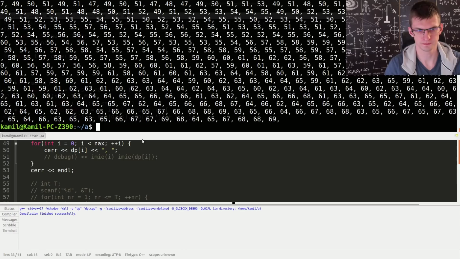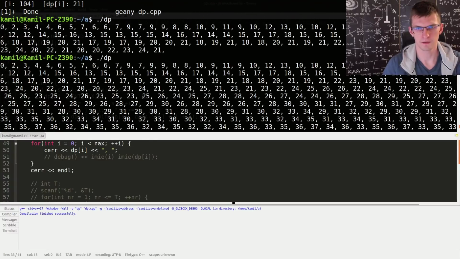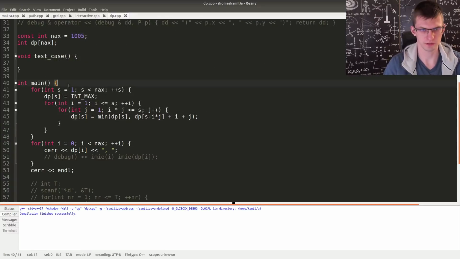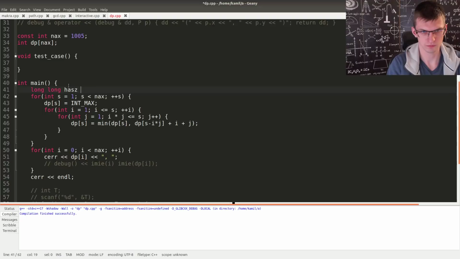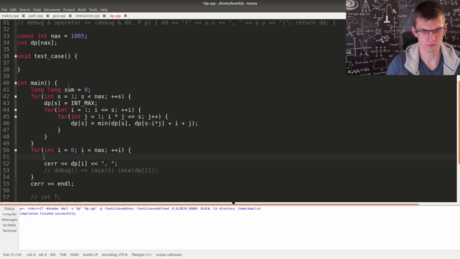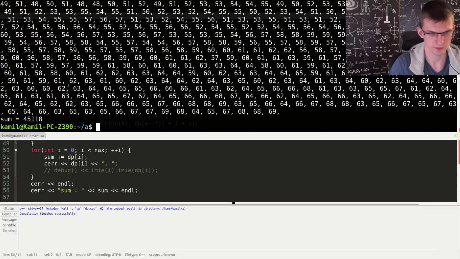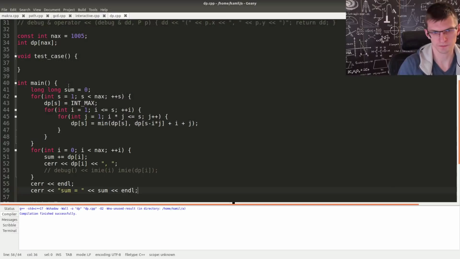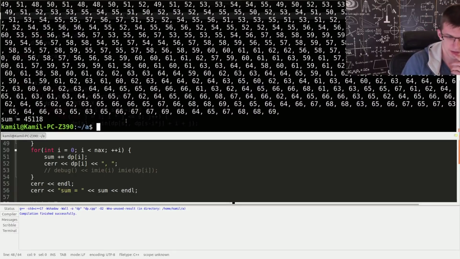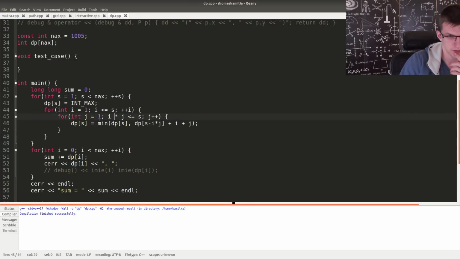Cool. Let's create some hash out of this. This is 45118. And now, what if I change this a little bit?